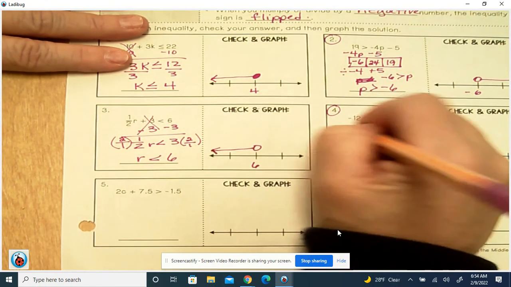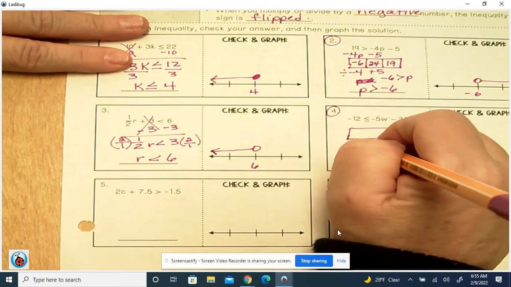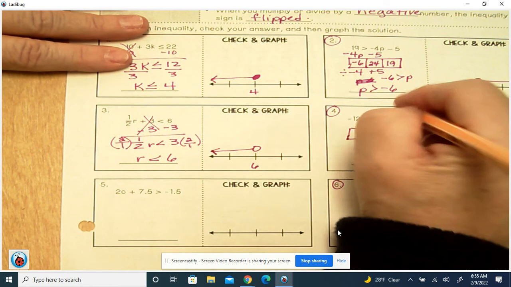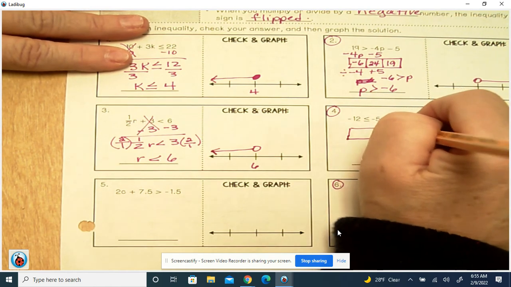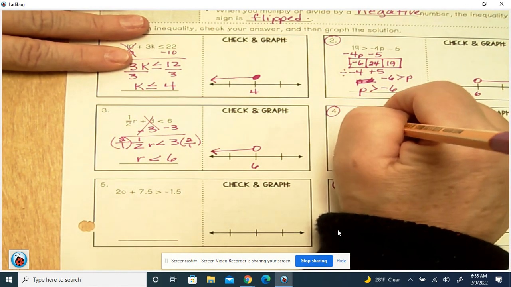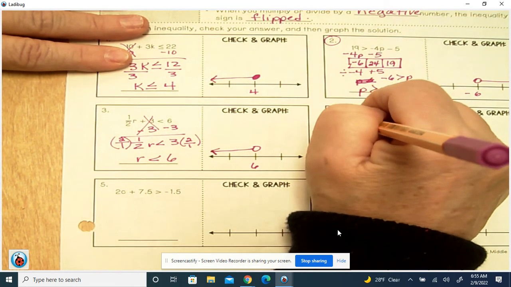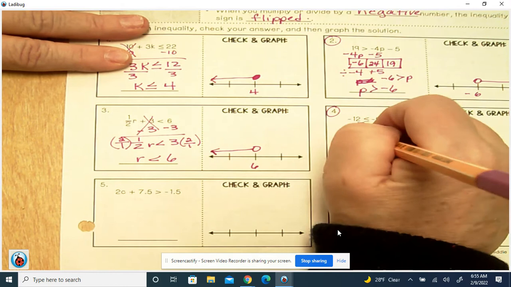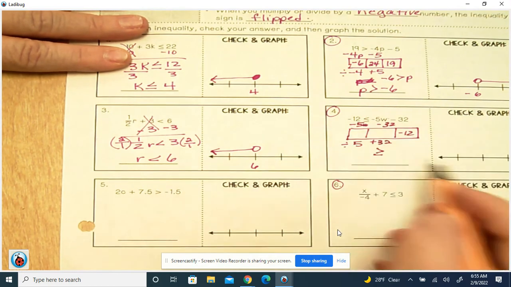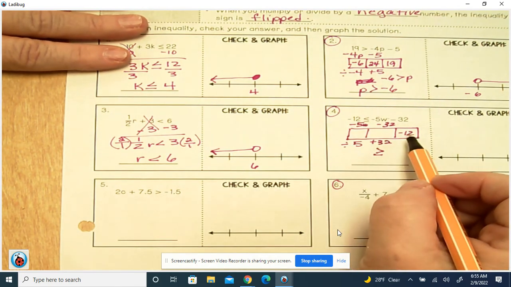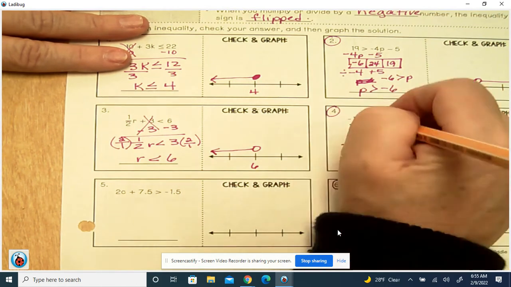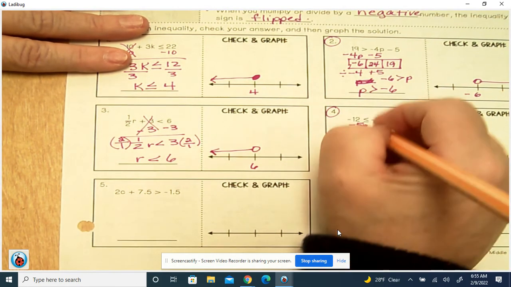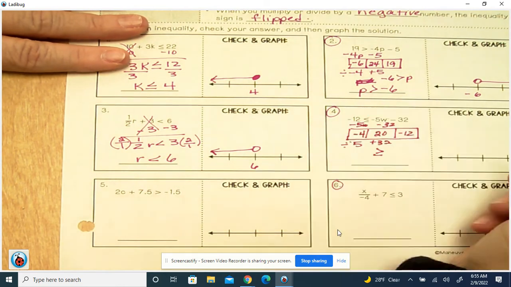All right. This one's divided by a negative, so I'm going to go ahead and switch the sign there. Got negative 12, negative 32, and a minus 5W. So we're going to divide by negative 5. We're going to add 32. 32 minus 12 is 20. 20 divided by a negative 5 is a negative 4.